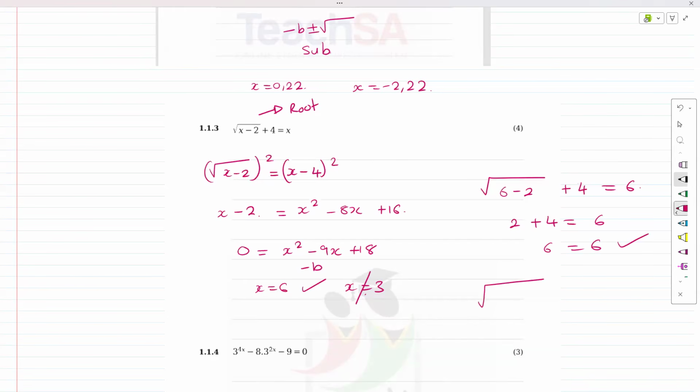If I test it again with 3, that's 3 minus 2. I wrote 3 there. 3 minus 2 plus 4 equals 6. That's root 1 plus 4 equals 6. That's 5 equals 6. That doesn't work out. So that's what I meant by test.